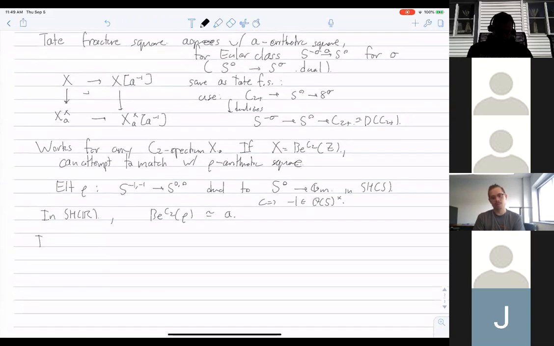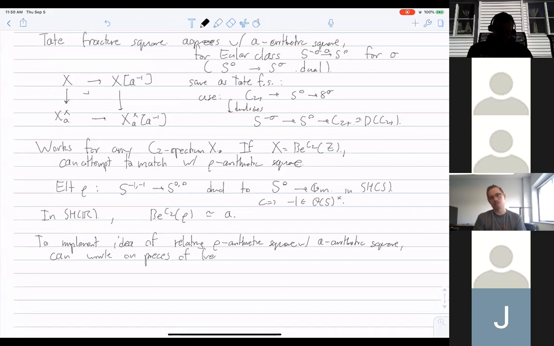Well, to implement the idea of relating the rho arithmetic square with the A arithmetic square, I can work on the pieces of that fracture square individually or independently.